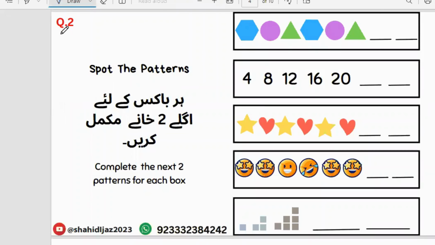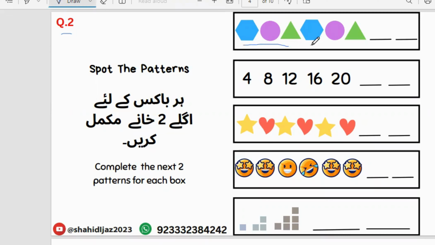Now we will work out question 2 of primary mathematics for Cambridge learners. Spot the patterns. Here there is a need to spot the pattern and identify the blocks which are repeating after intervals.